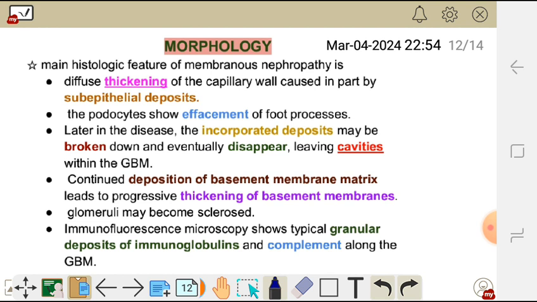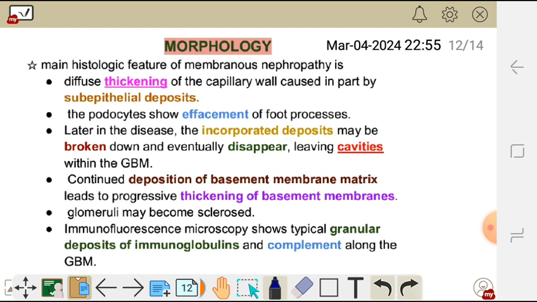Okay, those complexes will be deposited in the GBM, that is in the glomerular basement membrane. So once they are deposited, they are going to be covered by spike-like projections of the GBM. Okay, so those spikes will cover the deposits.